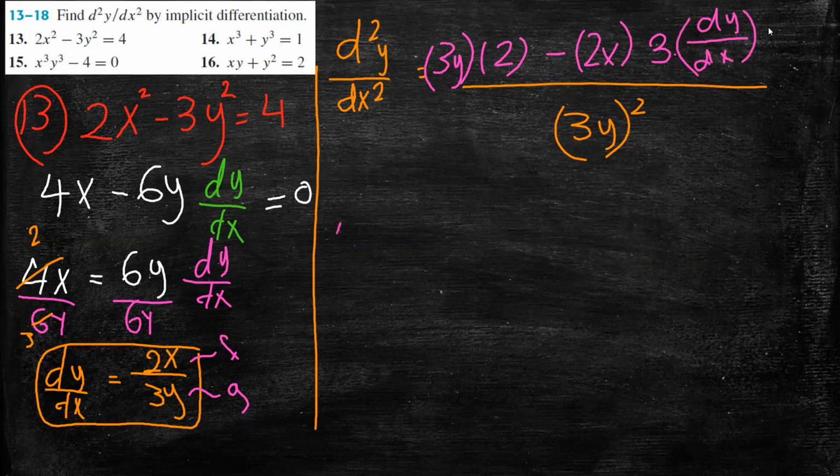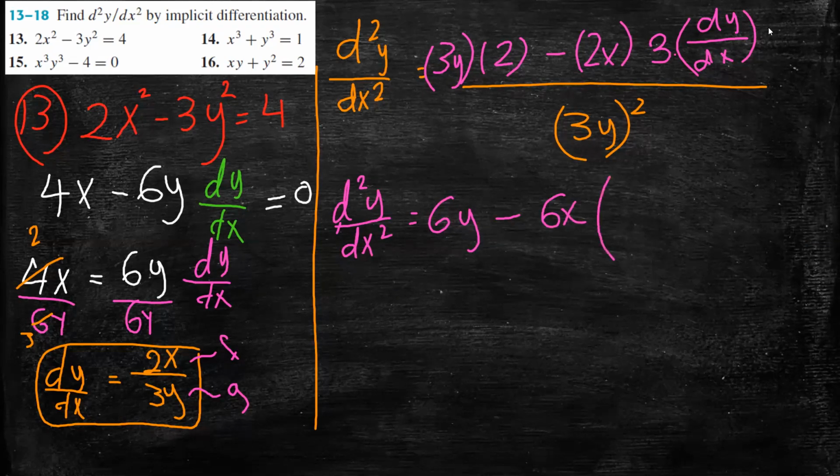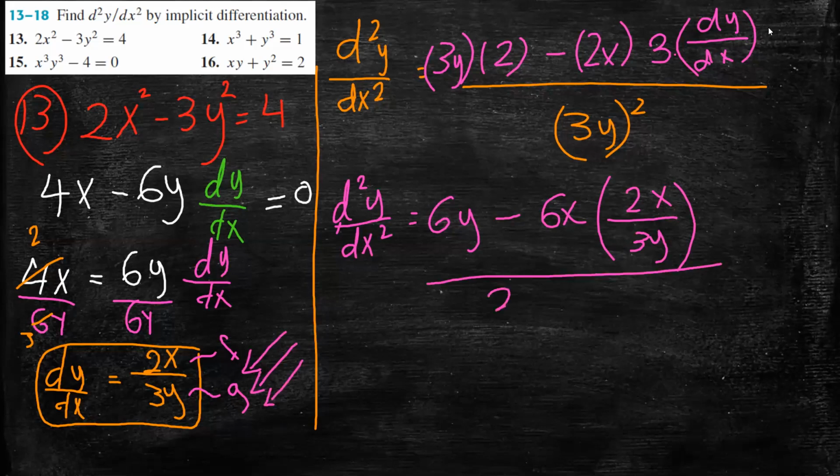Then the second derivative will be 6y minus 6x, and instead of writing dy over dx, I have to write 2x over 3y. Just substitute with dy over dx, which I wrote here, over 3y squared.